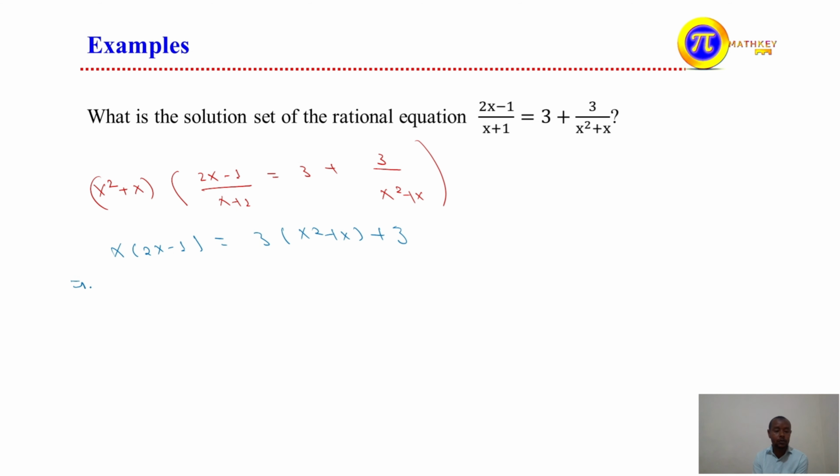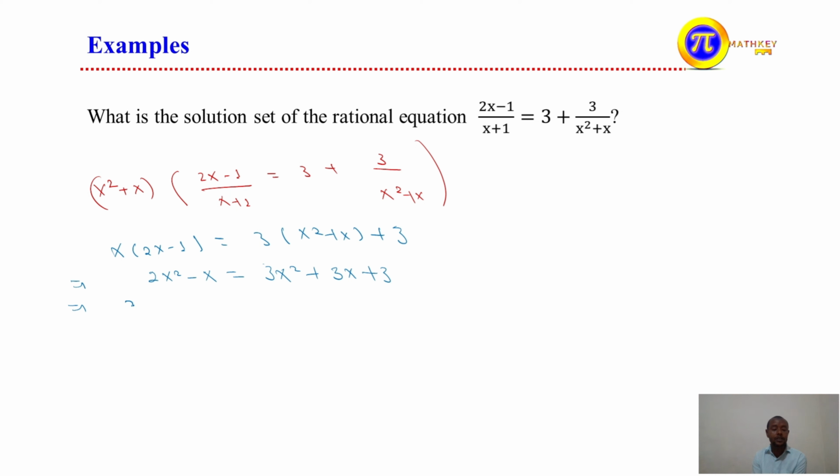Which is equal to x times 2x, that is 2x squared, minus x times negative 1, that is minus x, equivalent to 3 times x squared, that is 3x squared, plus 3 times x, that is 3x, plus the constant 3. When you come to here, collect terms together.